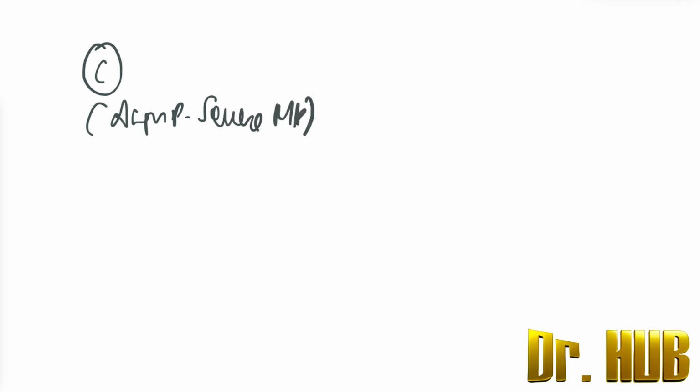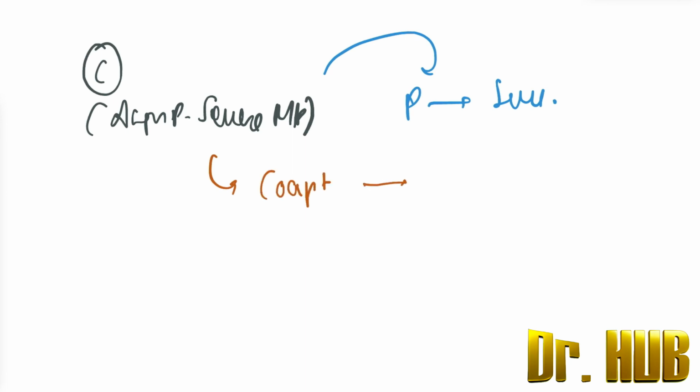Now we move on to type C. Here in stage C, it means it is asymptomatic. So A was at risk, B is progressive MR, and C is asymptomatic severe MR. In asymptomatic severe MR, the prolapse becomes severe, and the coaptation becomes lost, with the presence of flail leaflets.